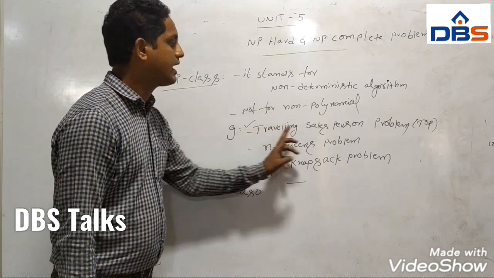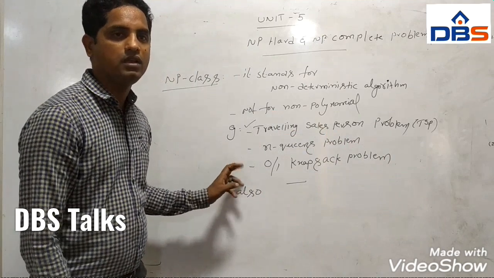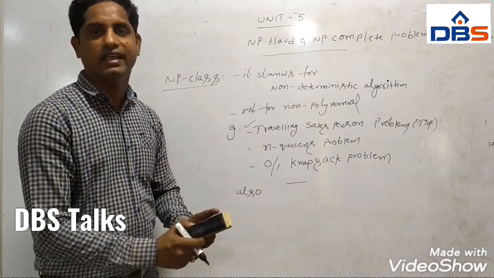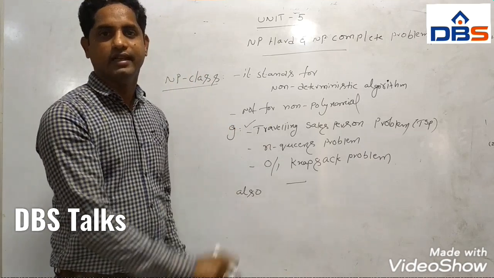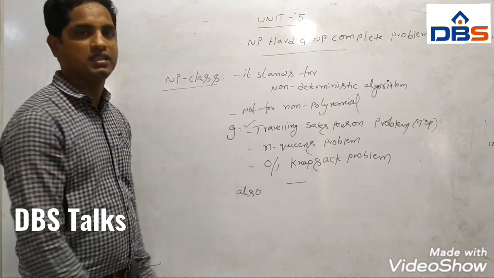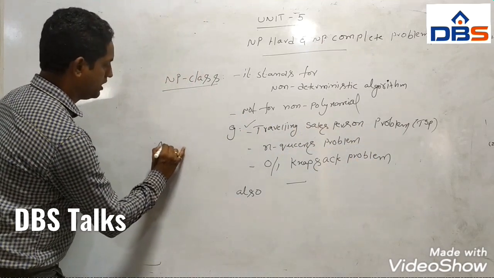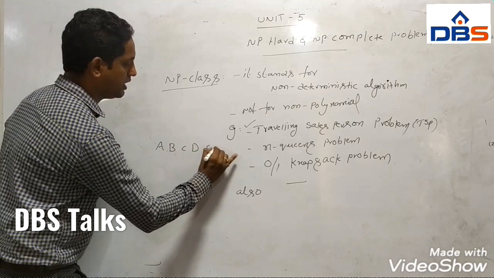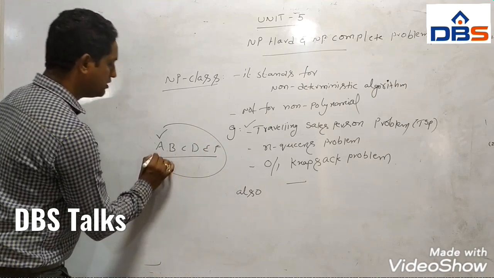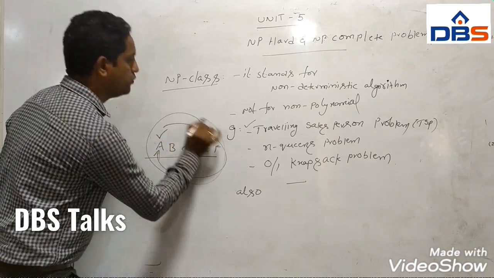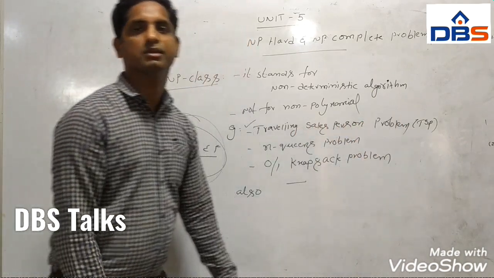Then it is called the traveling salesperson problem. For example, A, B, C, D, E, F are the different cities. So we can start from A and return to A, using the minimum distance.